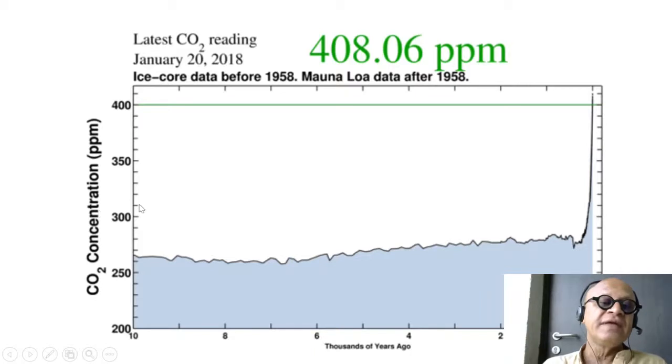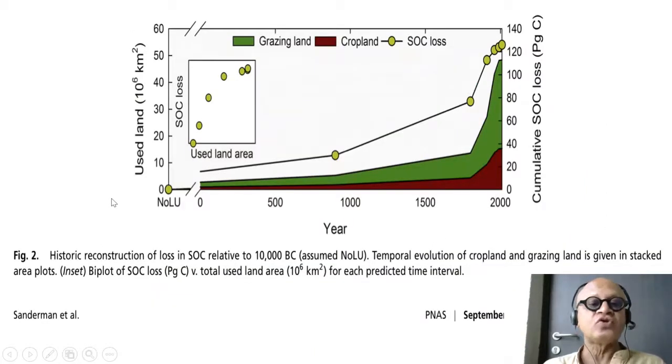So this is the atmospheric CO2, but one can also look at estimates based on data and some models about the soil organic carbon relative to 10,000 BC. Here, going beyond the zero common era, it's considered no land use change. So the SOC loss is shown here. Used land in million square kilometers is shown here. So grazing land, cumulative SOC loss in petagram carbon, and croplands and the SOC loss.